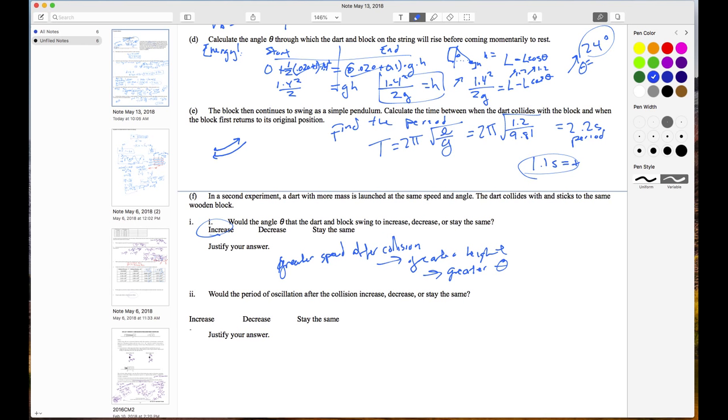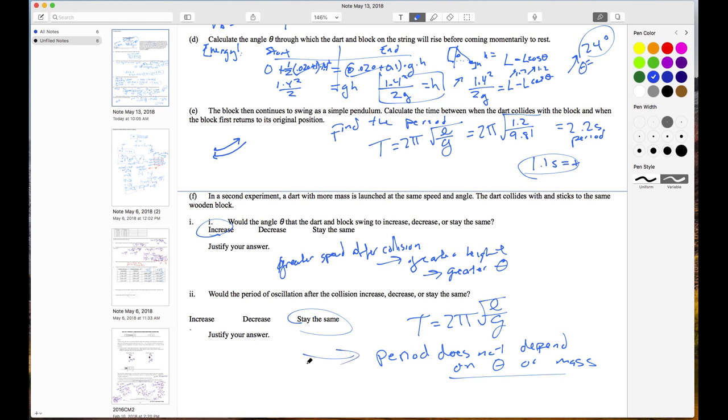And the reason is because we have this simplified version of a period equation, where we would say that period does not depend on mass. Based on the equation that we know, we'd say stay the same.